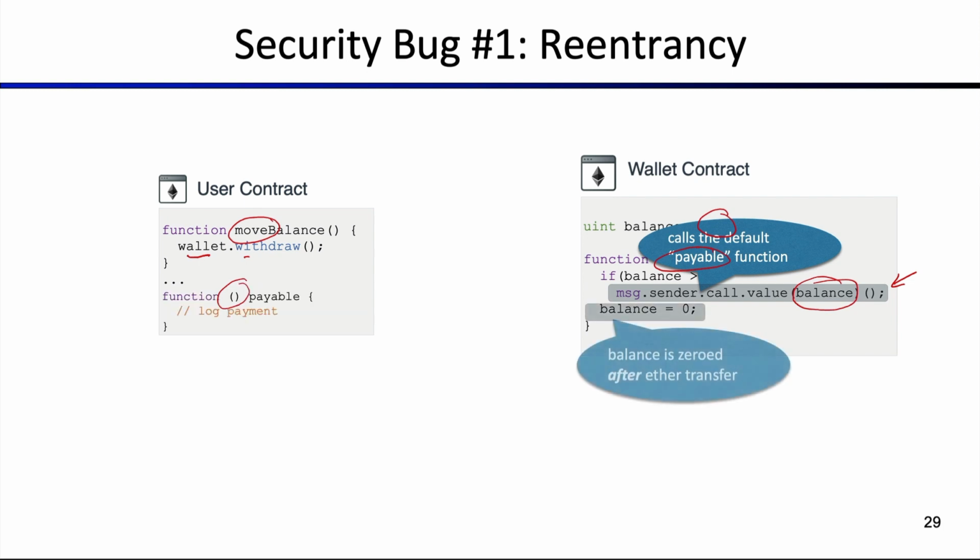In this fallback function, you can execute some code, and only after this code will the balance be set to 0. That's naturally quite an issue when you code smart contracts, because this fallback function might call the very same contract again.